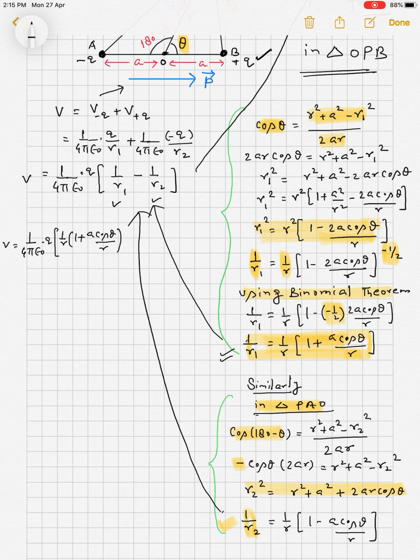One plus a cos theta upon r, and r2, 1 upon r2 is equal to 1 upon r, here it is minus, so 1 upon r within bracket 1 minus a cos theta upon r.